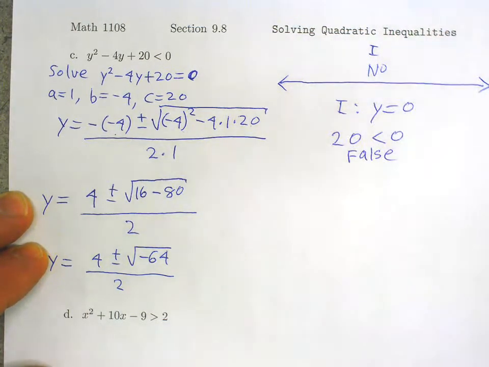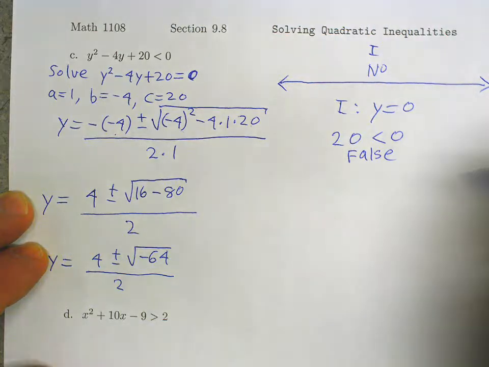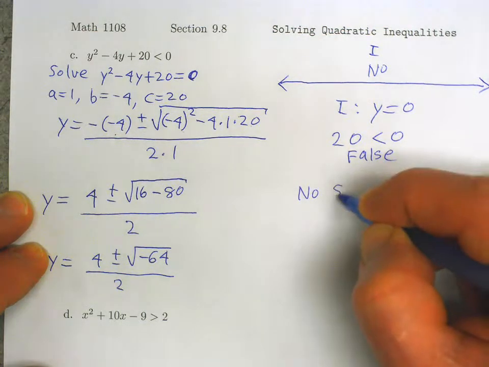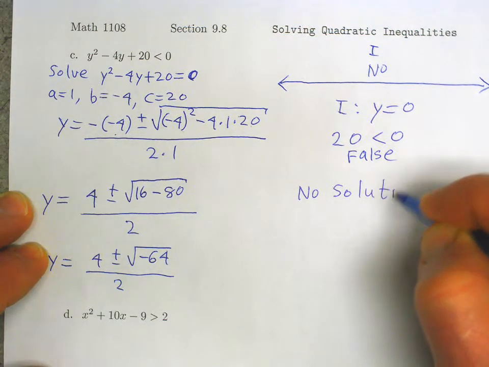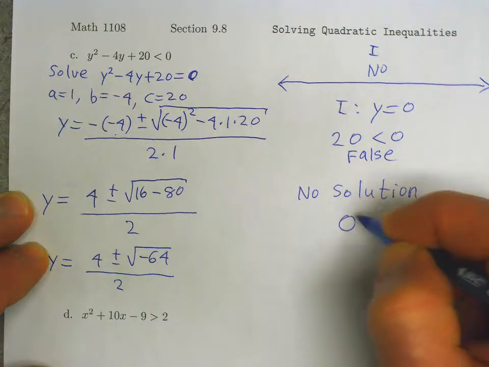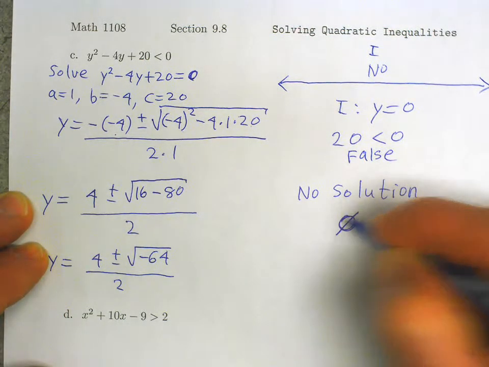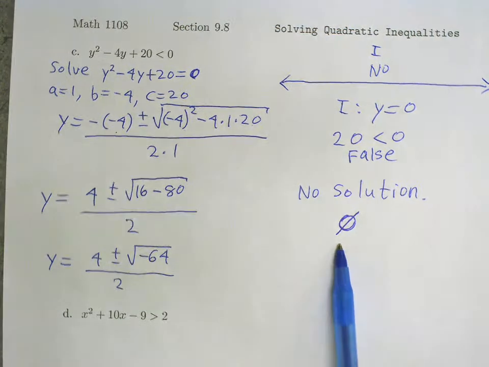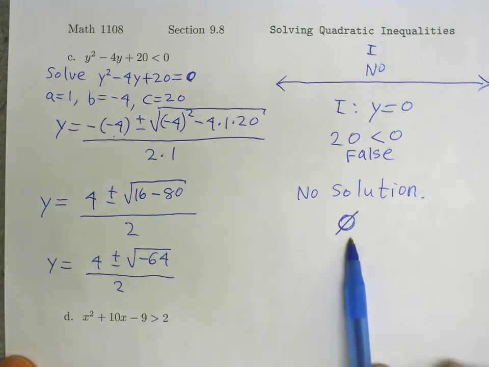So there's no solution to that one. That's our conclusion, no solution. If you encounter this in Newton, then you'll select the empty set, the set that has nothing in it, for the solution.